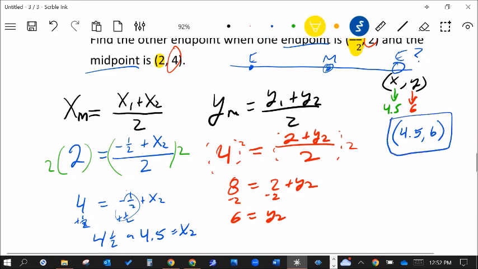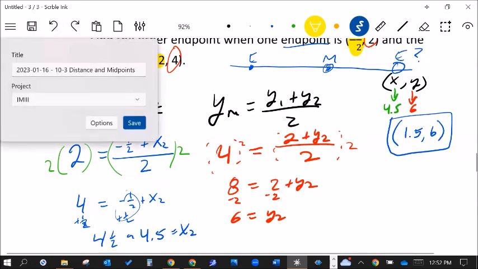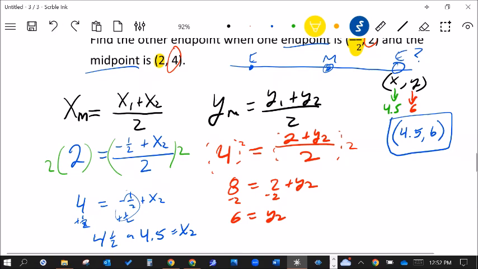Now, I'm going to yellow that in. I'm certain that those are correct. Let's actually verify something with this. If I were to do a little graph here, and I plotted these points, 1, 2, 1, 2, 3, 4.